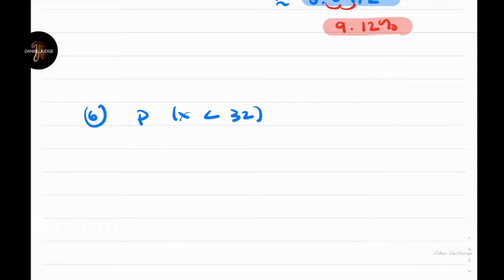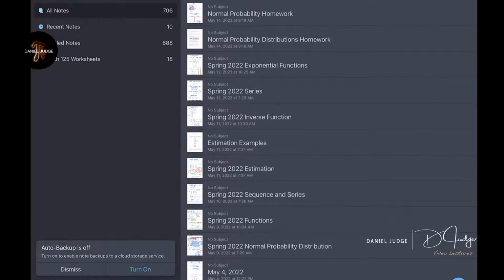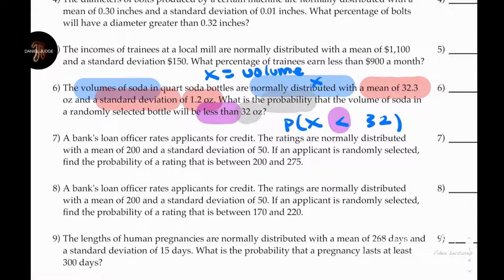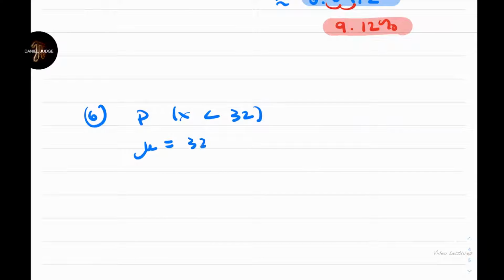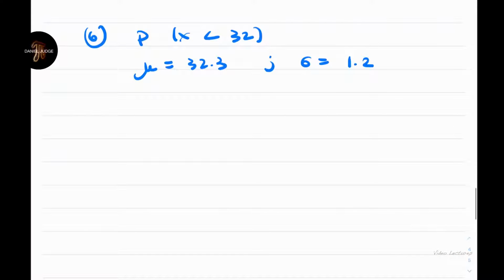Now, remember what the mean was. They told us that the mean is 32.3 and the standard deviation is 1.2. Let's draw a picture of the bell.